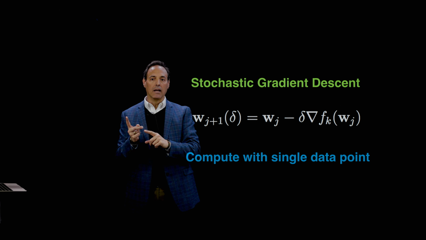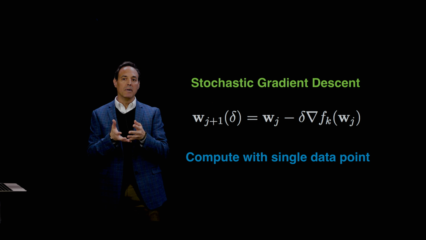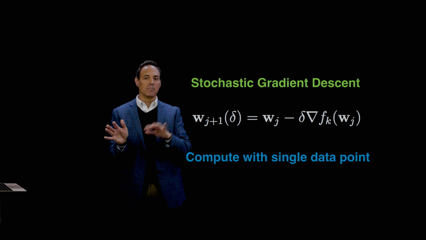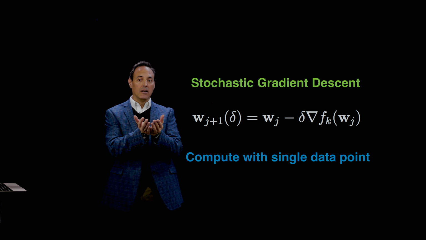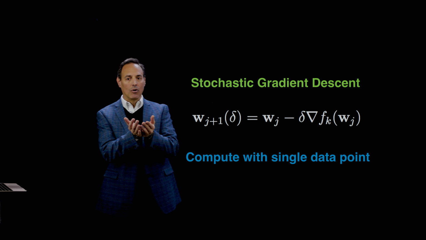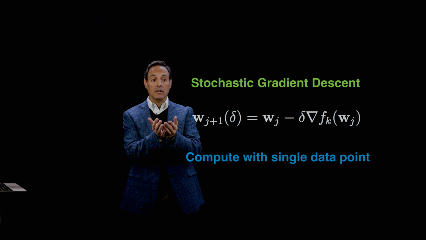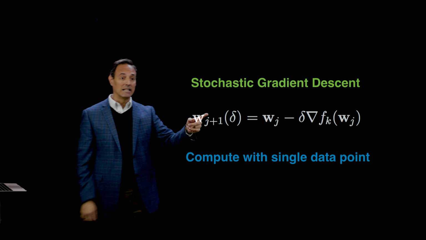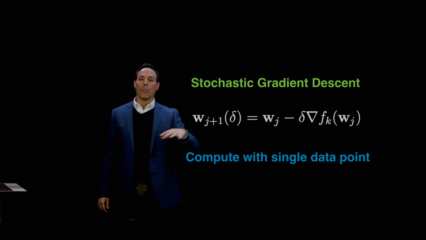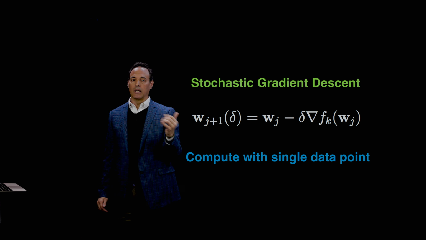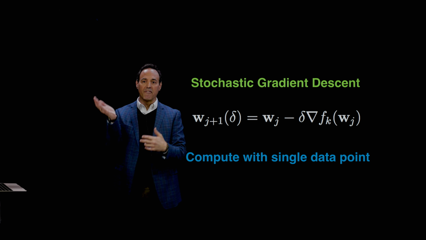The hope is that it's much harder to get stuck in a local minima because I am randomly walking around. Something that's a local minima for one data point is highly unlikely, or has very low probability, of being a local minima for another data point. So by randomly subselecting data points, I can more effectively walk around local minima to try to get to the global minima. Those are the advantages.